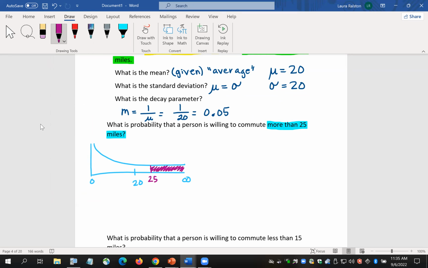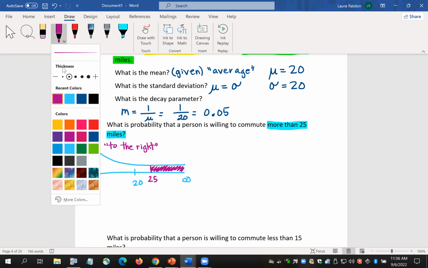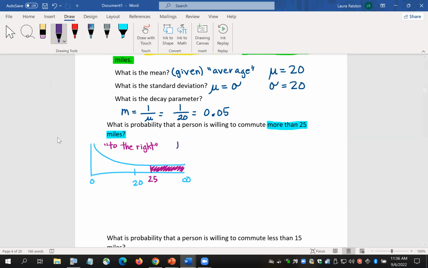Again, this little simple sketch, not drawn to scale or anything like that, helps you to realize this is going to be to the right, which hopefully triggers in your mind to go back to your formula sheet and pick up the formula you need, which is f of x equals e to the negative mx.